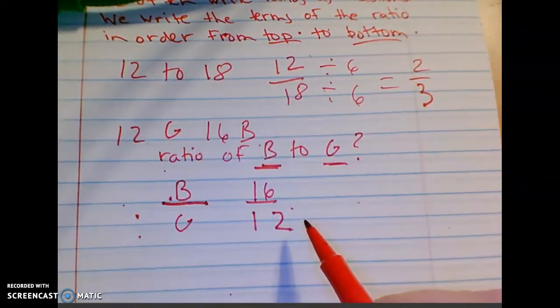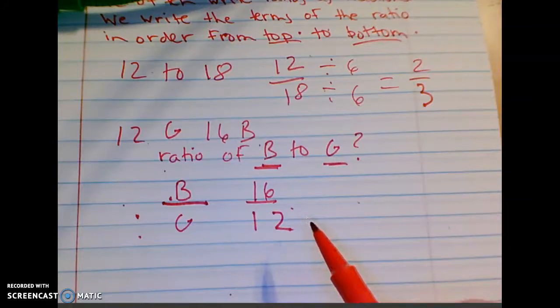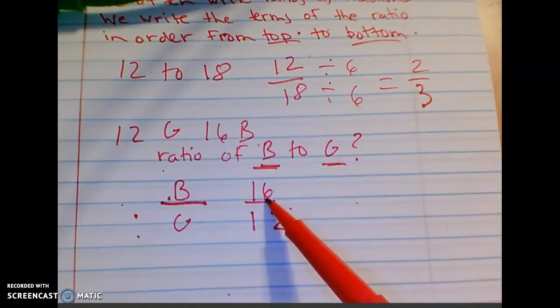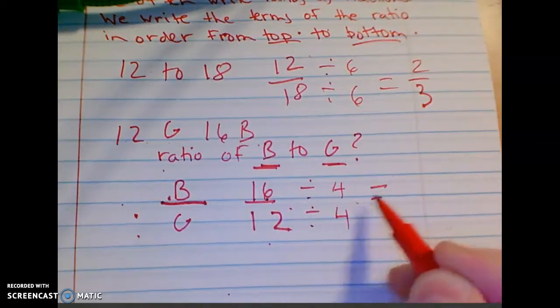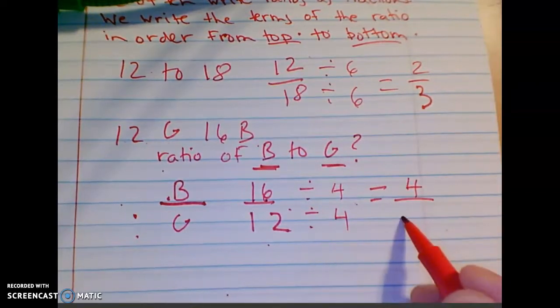Now, unlike fractions, when we are talking about ratios, guys, we do not write them as mixed numbers. The top number of a ratio may be greater than the bottom number. That's okay. Although we're not going to have mixed numbers, we will still reduce like we do with fractions. Since the terms of the ratio, 16 and 12, are both divisible by 4, we're going to reduce this. 16 divided by 4 is 4. 4 goes into 12 3 times.